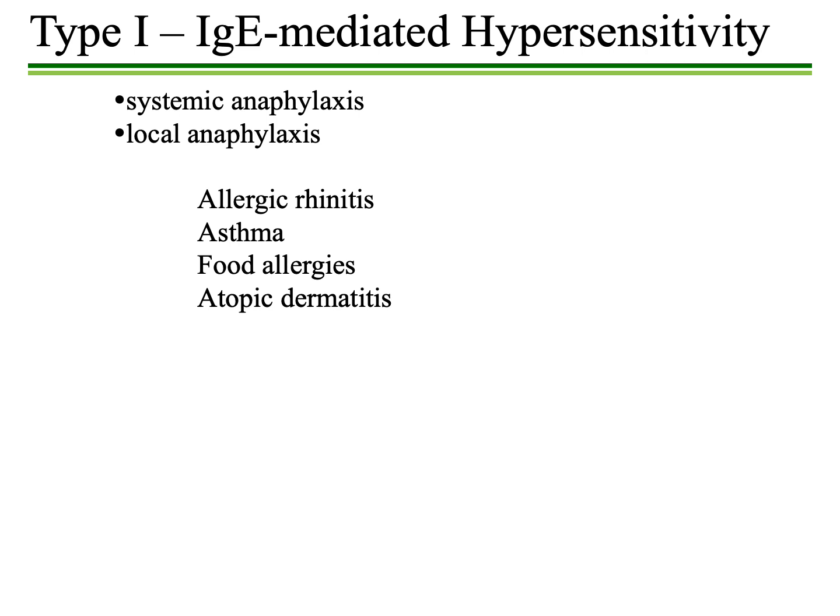Now, the more common type of type 1 hypersensitivity is known as local anaphylaxis, and these are the minor types of allergic reaction, things that you may have heard about. Things like allergic rhinitis, where you have hay fever, sneezing. These are oftentimes nasal types of allergies. Individuals who have asthma, that is in fact due to a type 1 hypersensitivity.